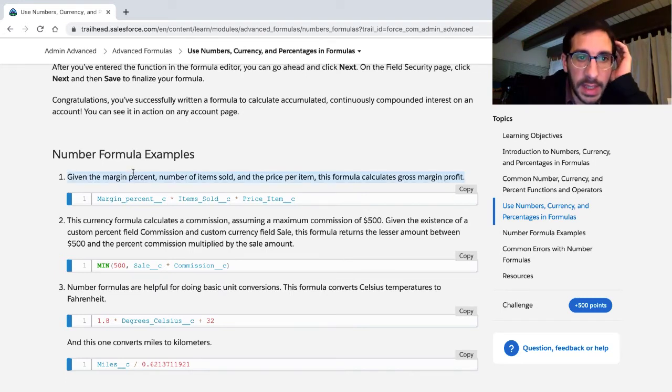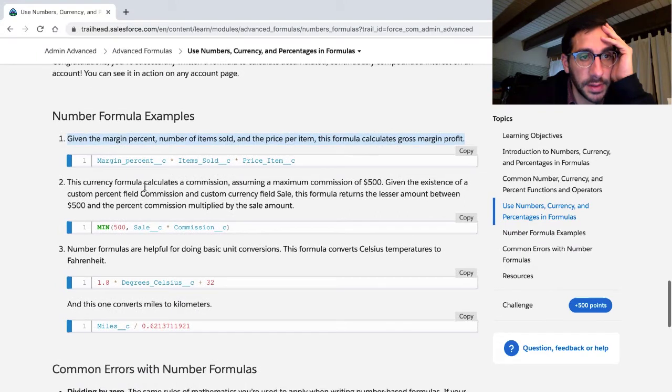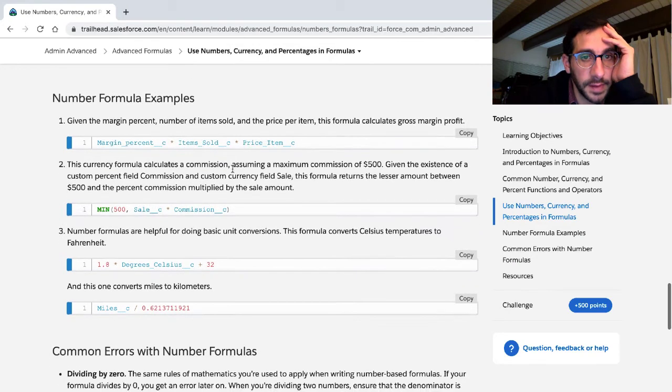Given the margin in percent, numbers of items sold, and price per item, this formula calculates gross margin profit. Okay, so I think there's just some of these we can't actually plug in because we're just learning the formulas sort of in abstract. Margin percent times the number of items sold times the price.